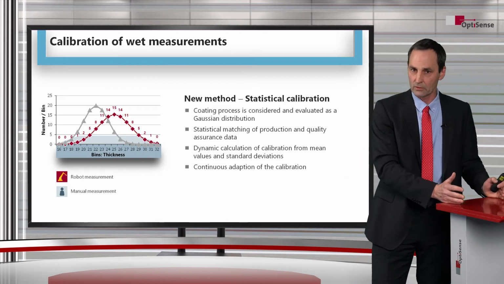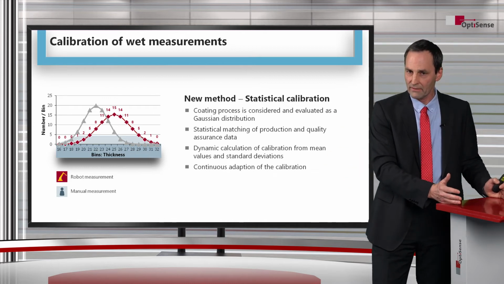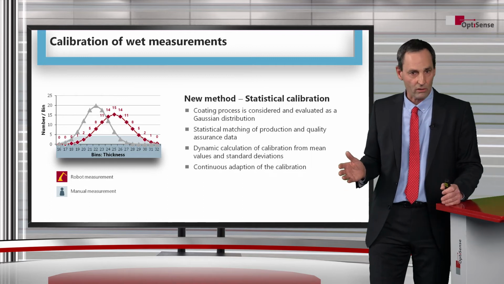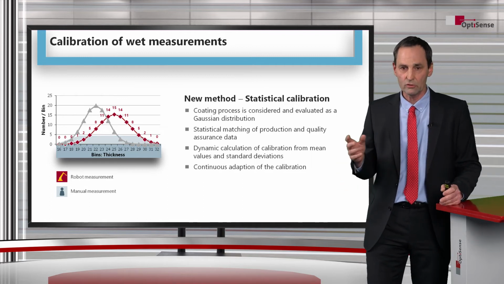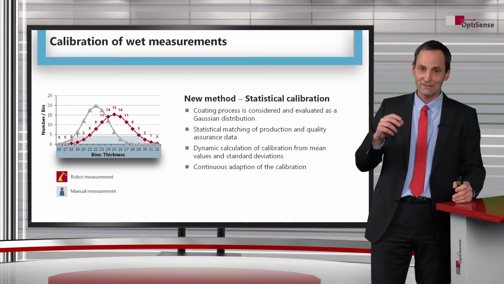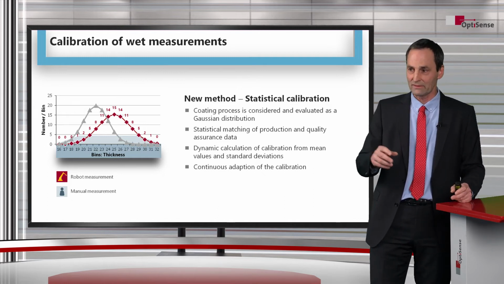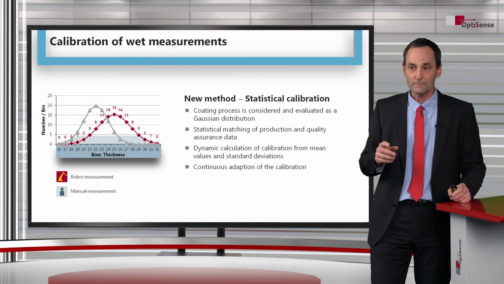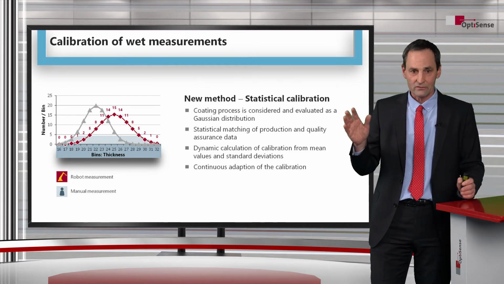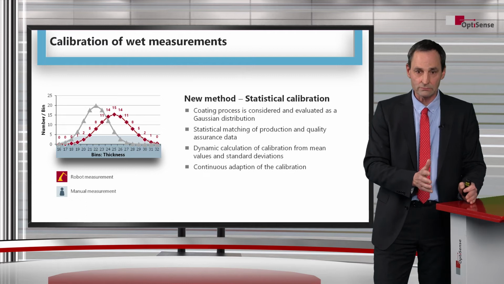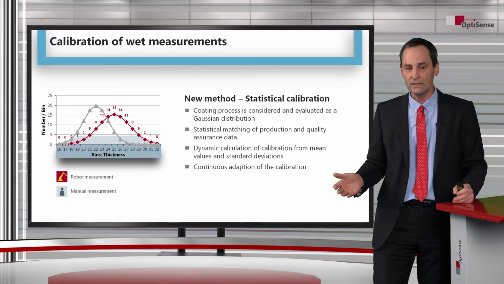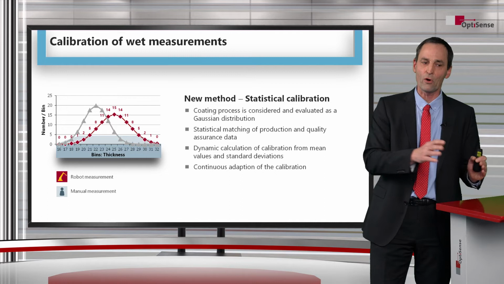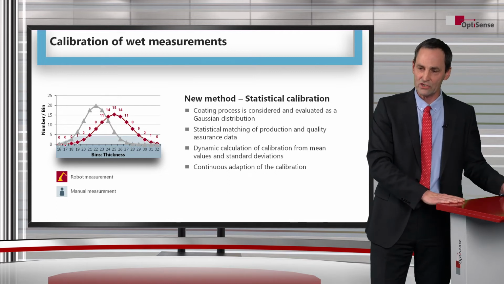You measure it with a robot online device, you measure it afterwards also in the quality section. And what you do is just, with the standard deviation and the mean value of these distribution functions, what you see in the lower right corner, you match those two together numerically, and that means you make a reverse forecasting for the station inline.